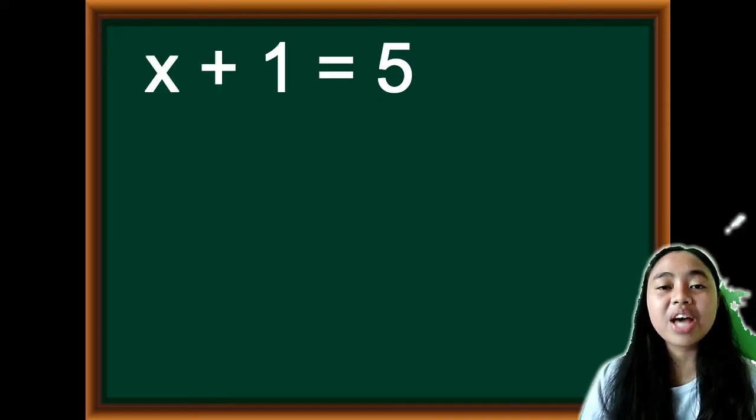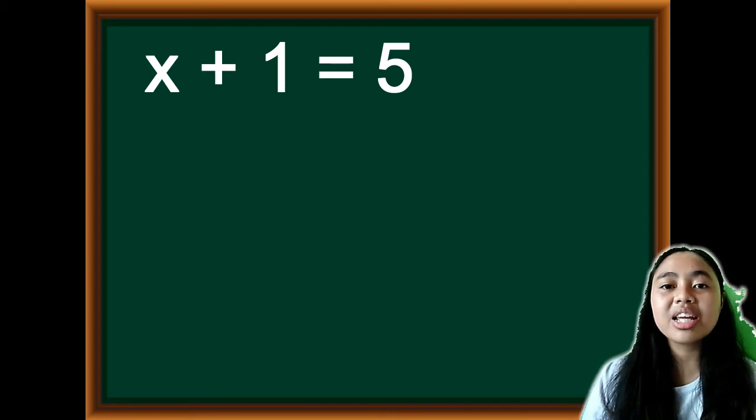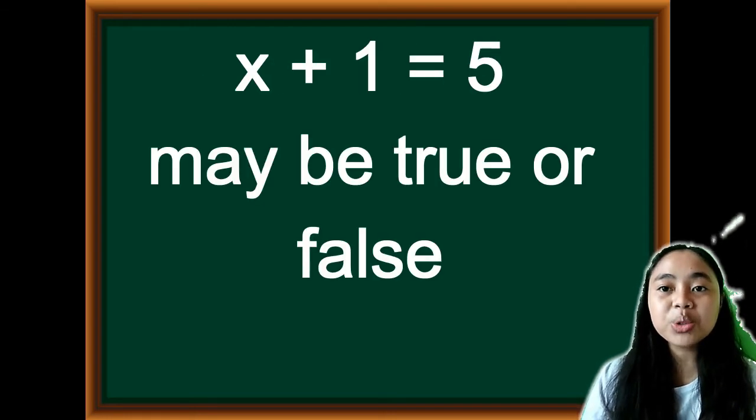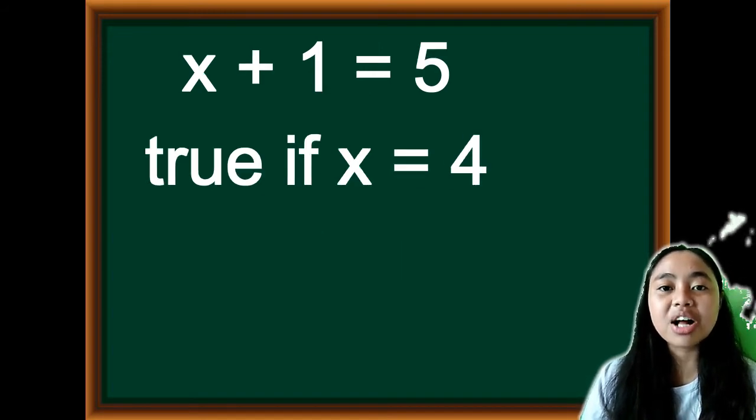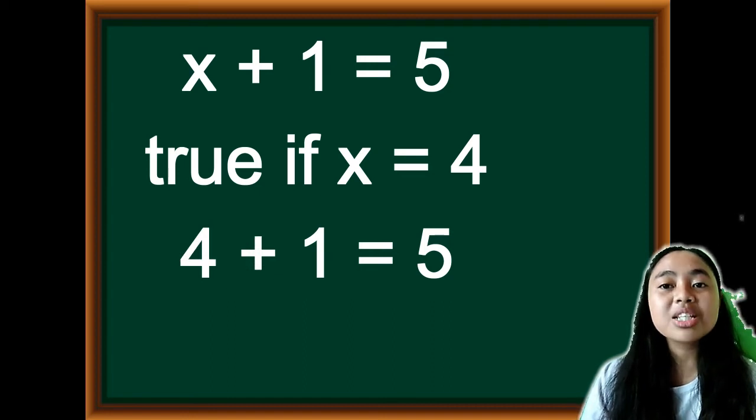How about when you have x plus 1 equals 5? X plus 1 equals 5 may be true or false. It may be true if x is given the value of 4. 4 plus 1 equals 5. Then this is a true equation.